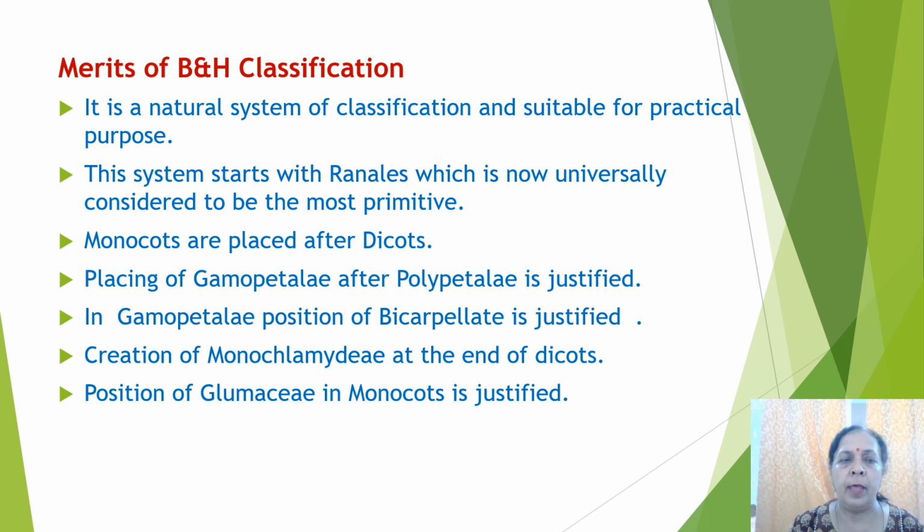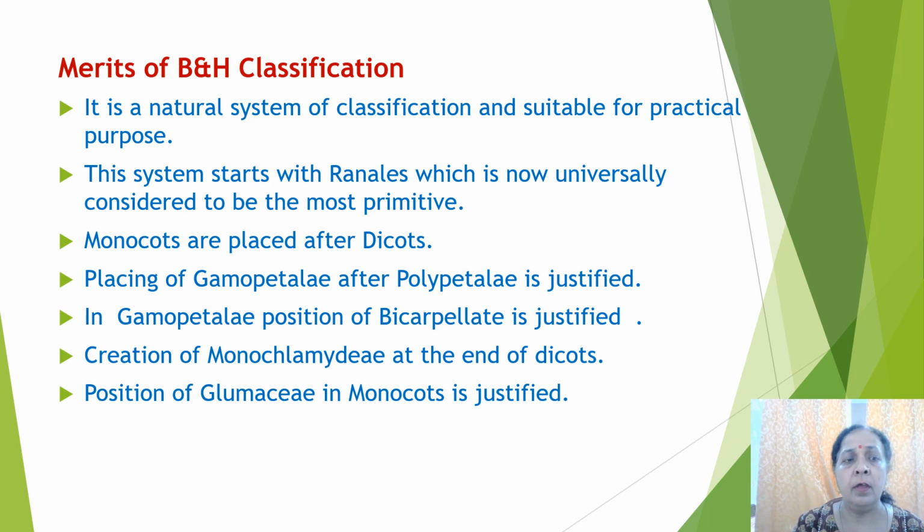Merits of Bentham and Hooker's classification. Now here we are going to discuss the merits of this classification. So first of all, you should know it is a natural system of classification which was perfect at the time of its publication, and it is a comprehensive and vast classification system of that time.